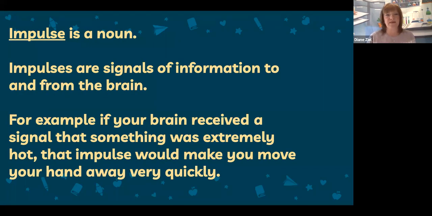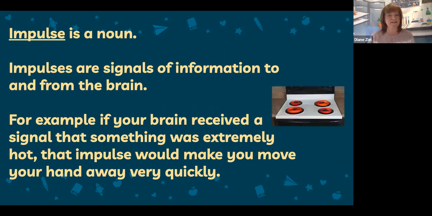Our first word is impulse. An impulse is a noun. Impulses are signals of information to and from the brain. For example, if your brain received a signal that something was extremely hot, like this stove, see those hot coils?